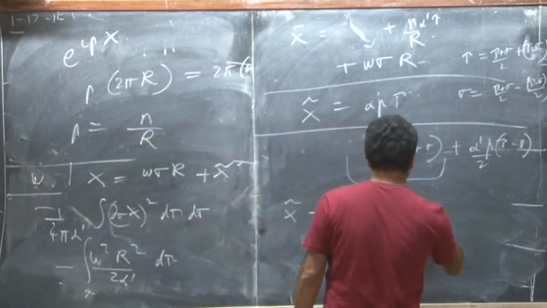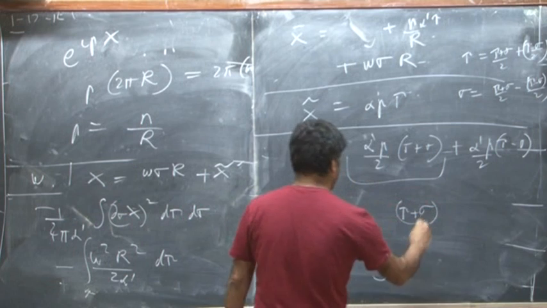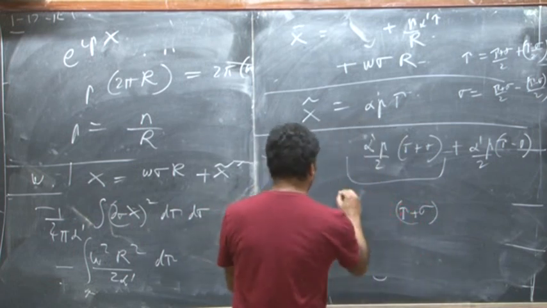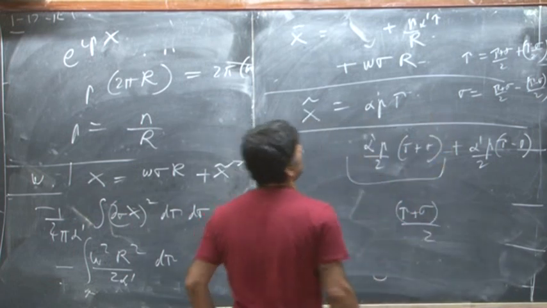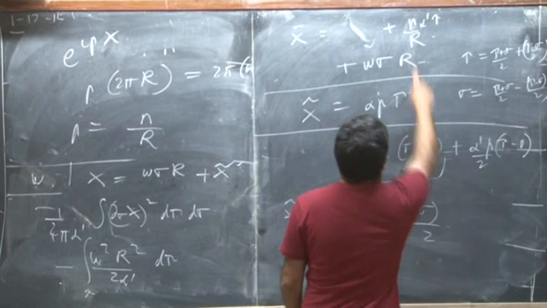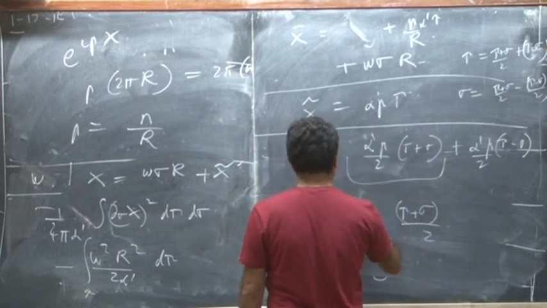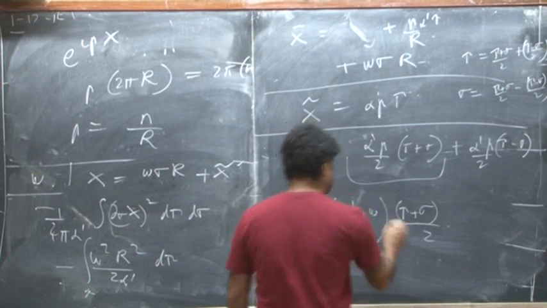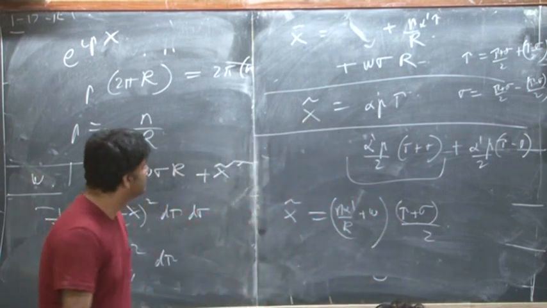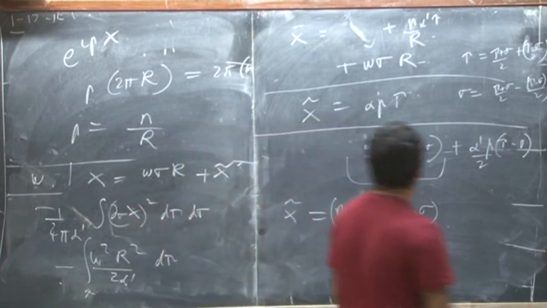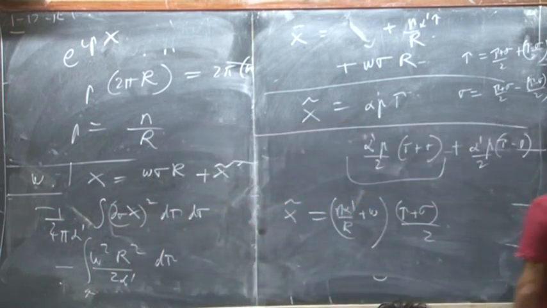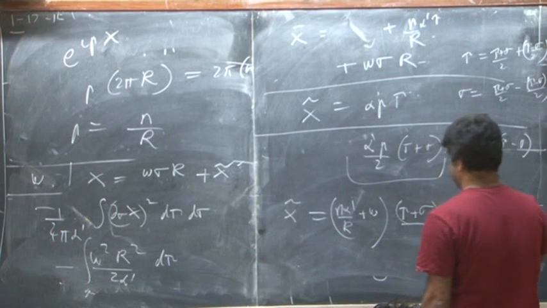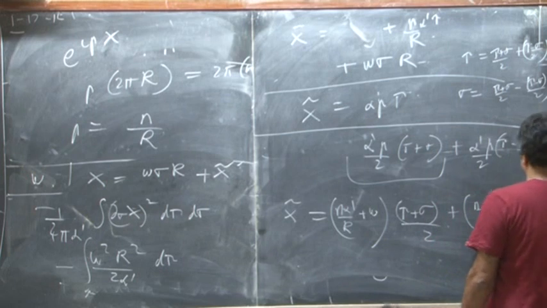So let's look at the coefficients of tau plus sigma. We will get n alpha prime by R plus omega, and n alpha prime by R minus omega, times tau minus sigma.